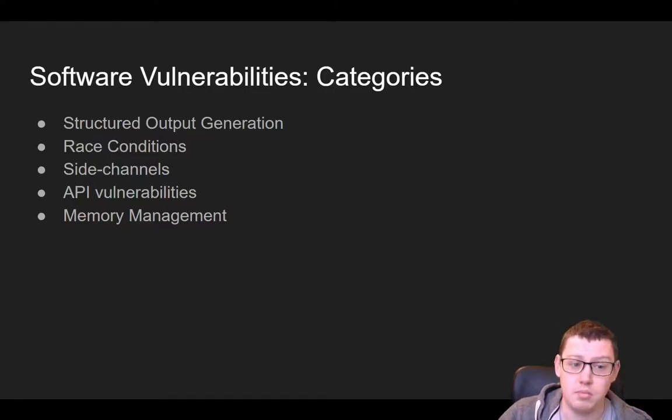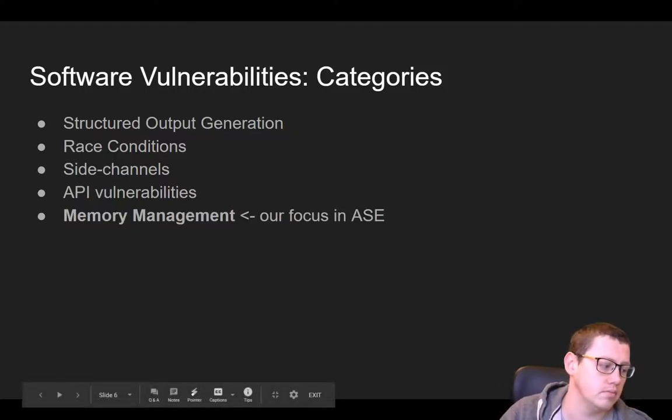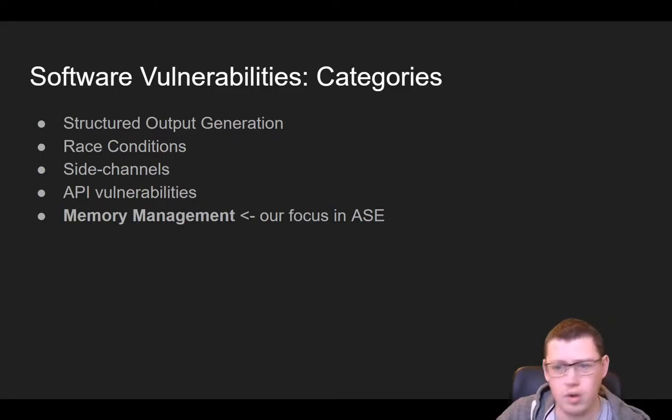And memory management, some buffer overflows are a memory management problem. Memory management vulnerabilities are what we're going to be focusing on in SSE. These are things like buffer overflows, use after free vulnerabilities, double frees. These are all problems where the programmer has incorrectly managed memory.